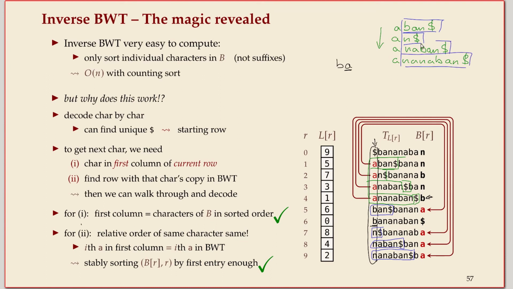And of course these have to be in the same relative order, because they were sorted before, they started with the same character, so this is still sorted. That's the reason. One thing that can happen, as you can see in this example, is the green suffixes were adjacent. They started with the same character.